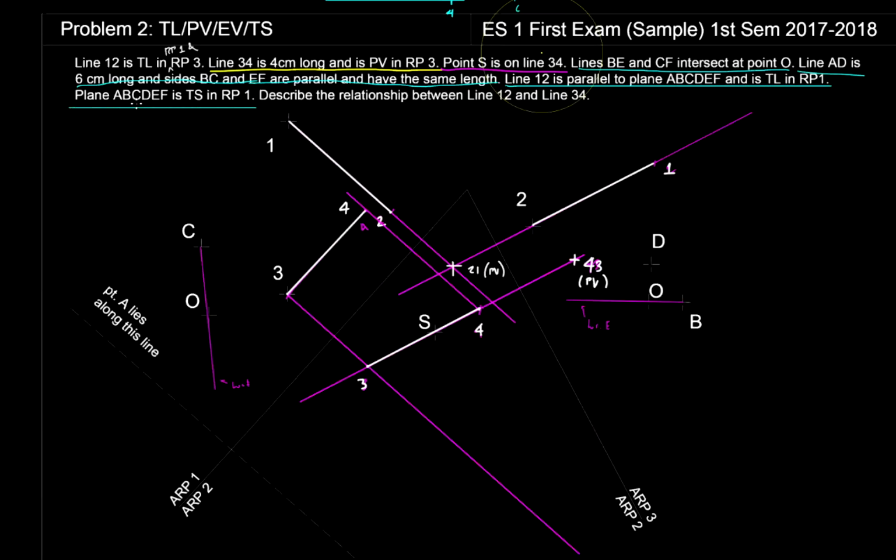Sorry. So, dito, plane A, B, C, D, E, F is in true size sa RP1. So, ito yung magagamit natin. No? So, ito mukhang line 1, 2 is parallel to A, B, C, D, E, F and is true length in RP1, which is already said. Nasabi na to. Okay. Nasabi na pala dun.